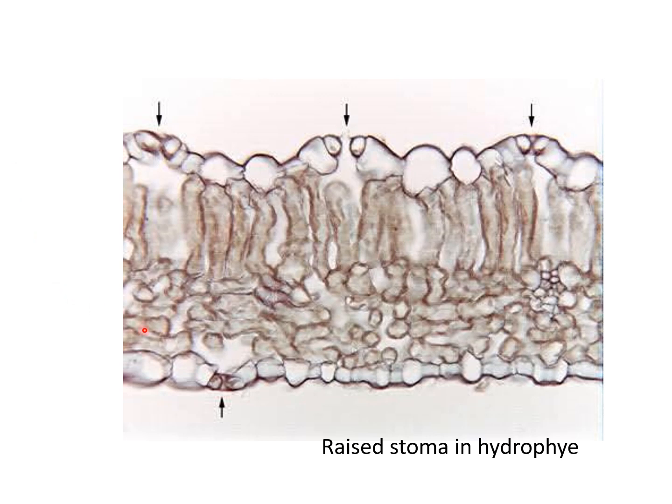Moreover, you can see that the stomata are usually located in the upper epidermis. This is different from general plants, or from maybe xerophytes or mesophytes, because the stomata are generally located at the lower epidermis, but in the hydrophytes, the stomata are raised and also located mostly on the upper epidermis.